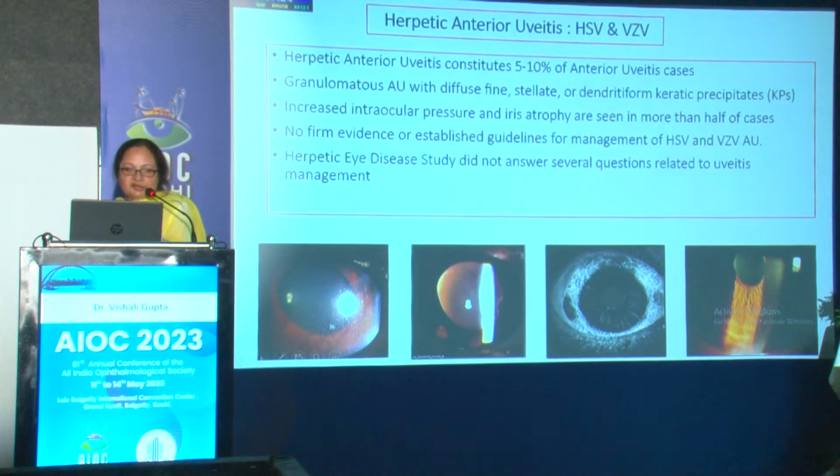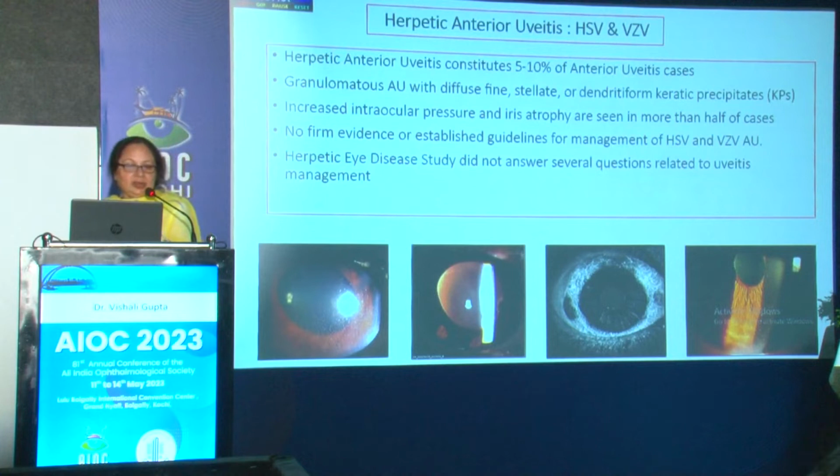Mostly you would see granulomatous forms of uveitis. You would have the transillumination defects, which are very characteristic for HSV, and sometimes diffuse transillumination defects as well.